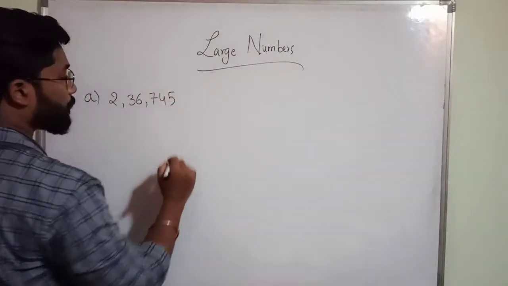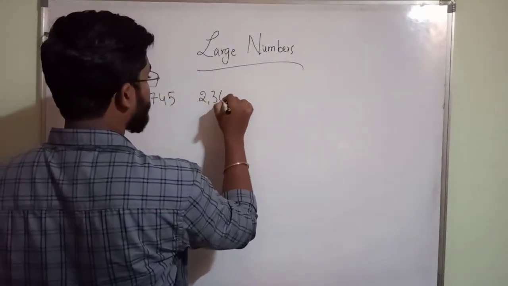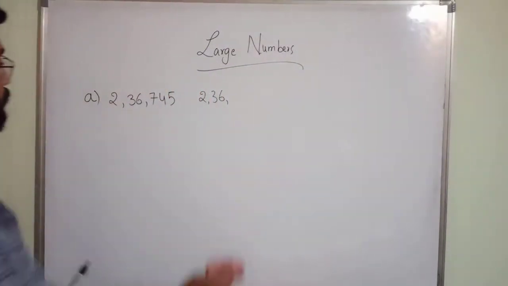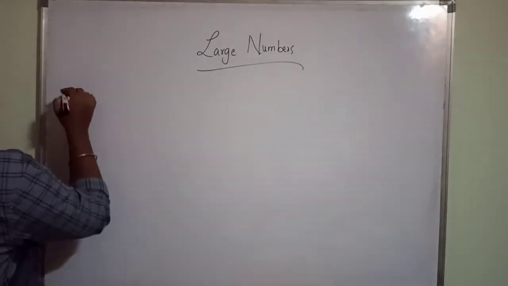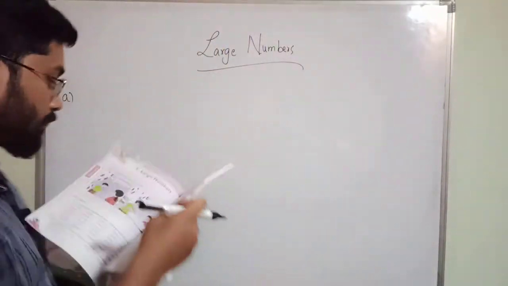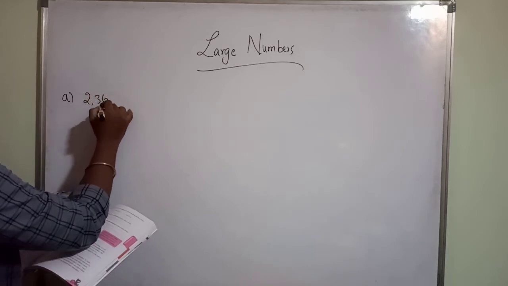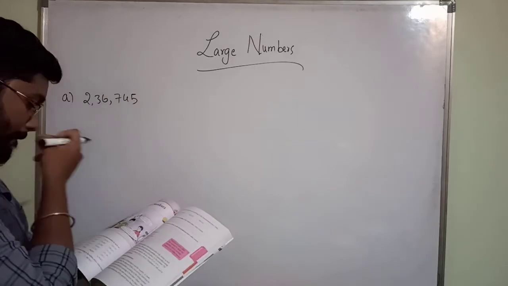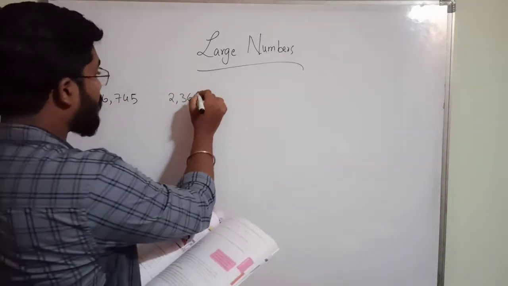This is one number. Next one is 2,36,754.